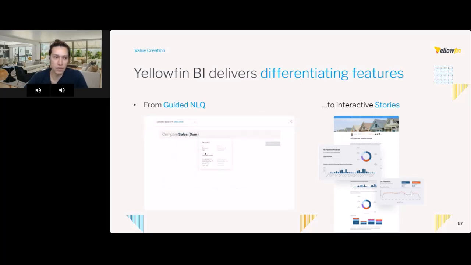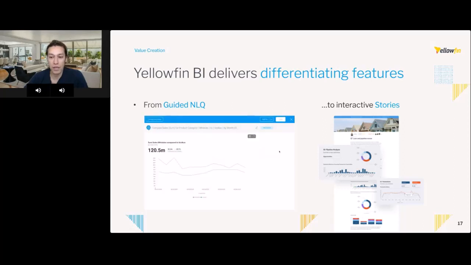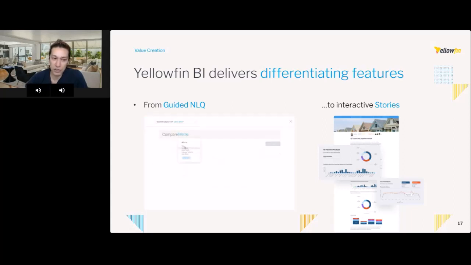For example, you can say, show me sales by region for the past quarter, or what are the top selling products in the last month? And the system will translate this into queries that provides, not just a table of results, but really visualizations, charts, graphs, reports, and makes it visually appealing for the business user.